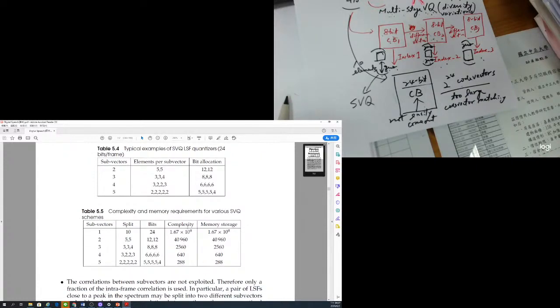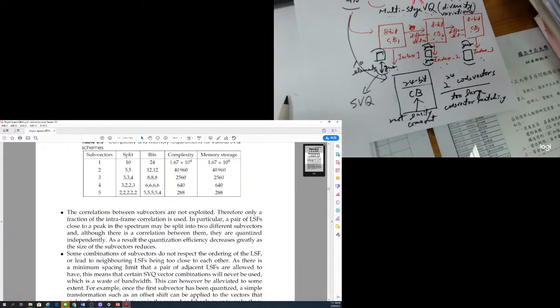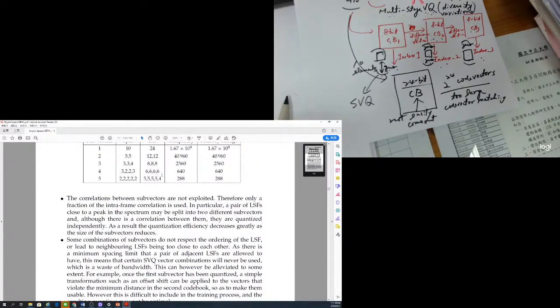This shows the complexity. If you partition more, the complexity becomes lower, the codebook storage is also lower, and the bit arrangement is almost the same. But if you use many splits, the performance becomes lower.